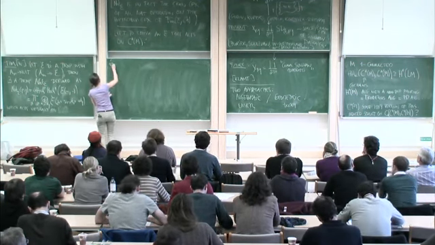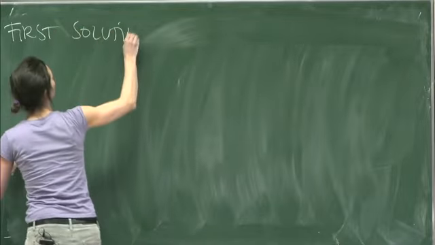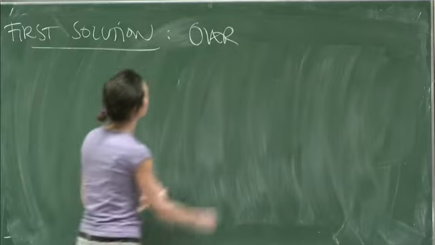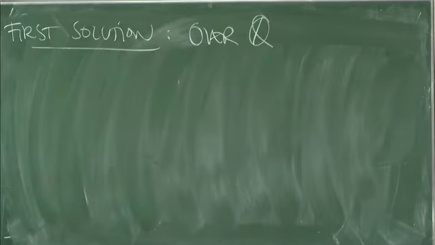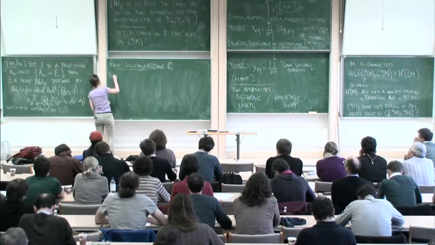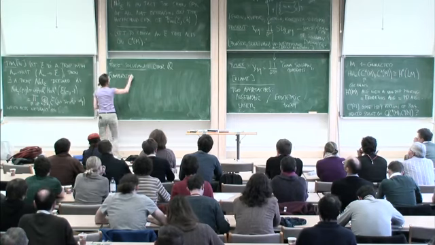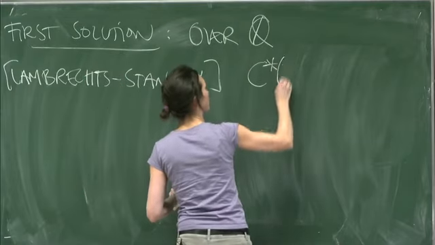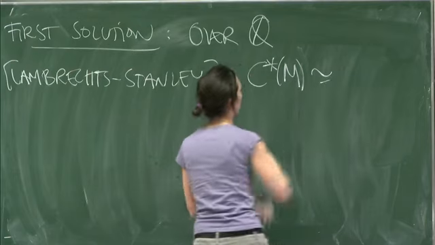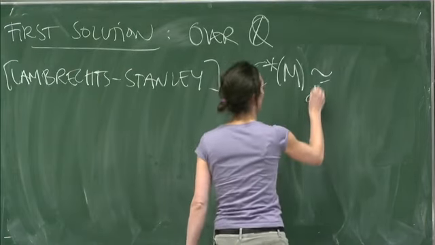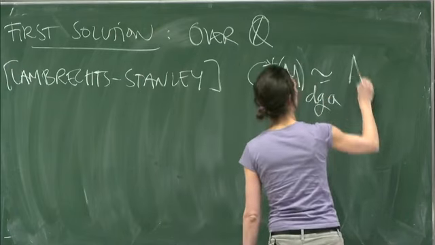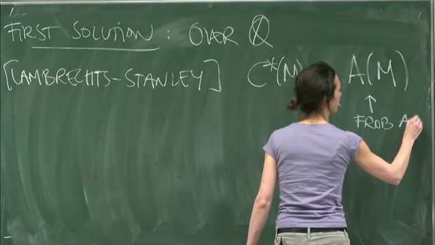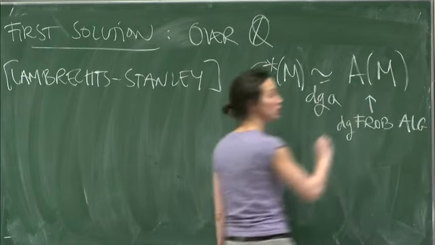The first solution, which is in some sense nice and clean, is to just go over the rational numbers and then to use work of Lambrechts and Stanley and say, well, actually cochains on the manifold as a DG algebra, you can make it quasi-isomorphic to an actual strict DG Frobenius algebra.